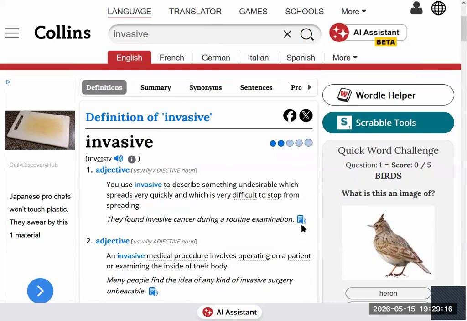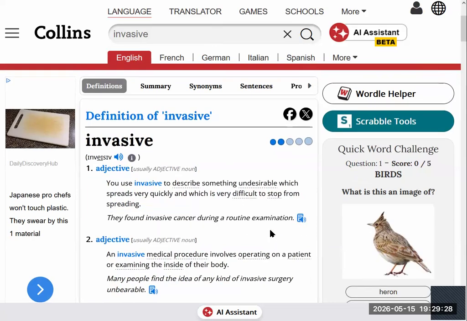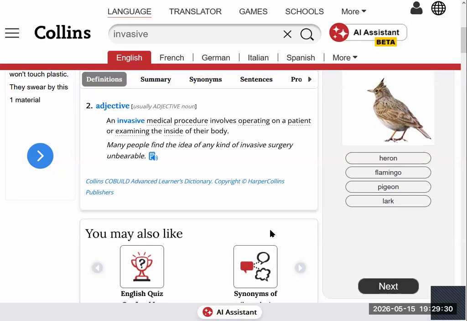So the example phrase using the word invasive is here: they found invasive cancer during a routine examination. That's just an example sentence there. So there we go. And you can also have an invasive medical procedure.